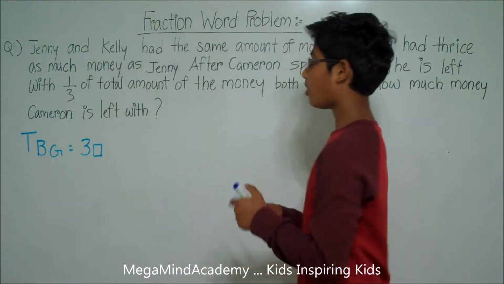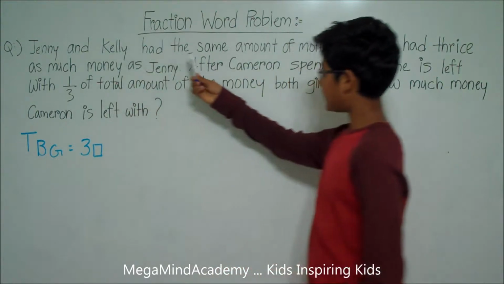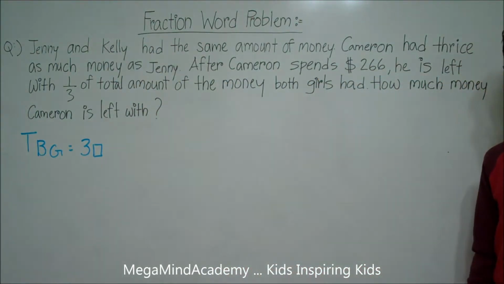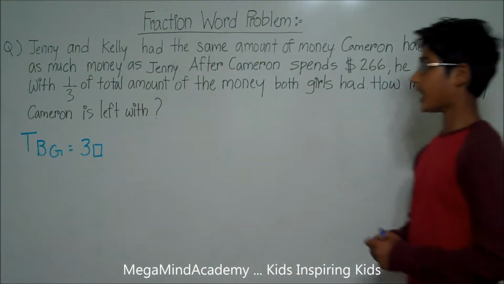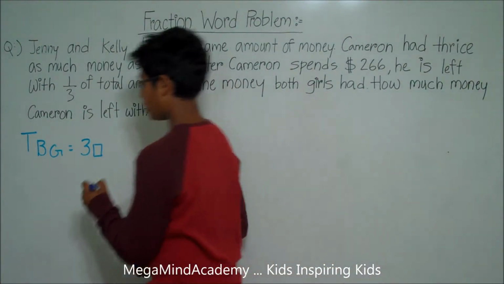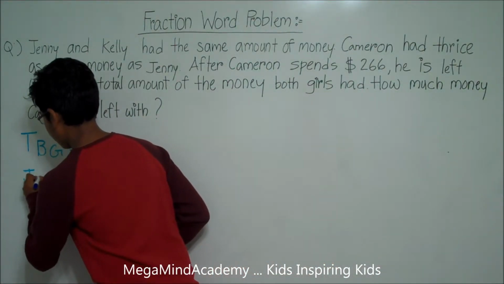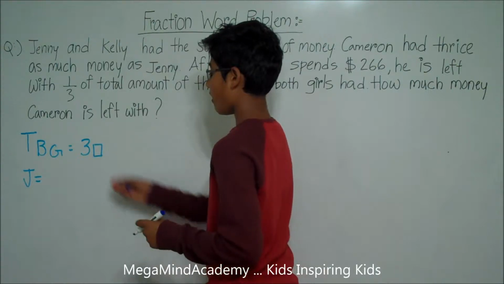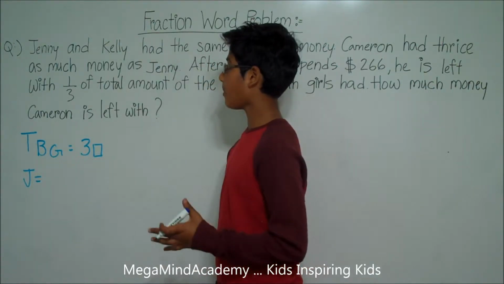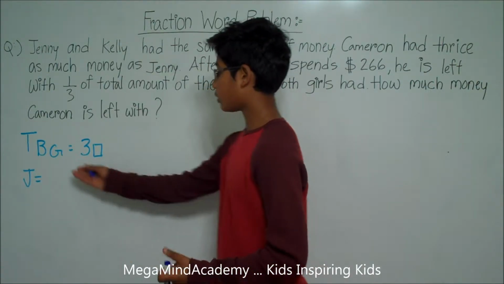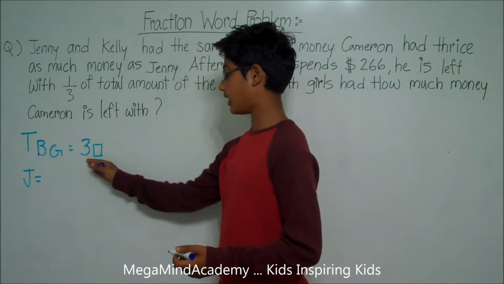Now, we know that Jenny and Kelly had the same amount of money. So let's find out how much money Jenny and Kelly had. So Jenny, J for Jenny, is equal to, Jenny has the same amount as Kelly, and the total amount both girls have is 3 units.